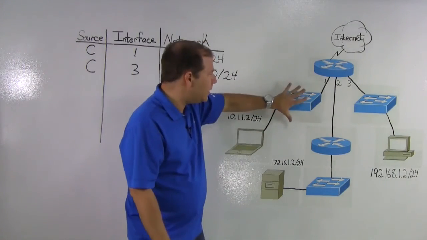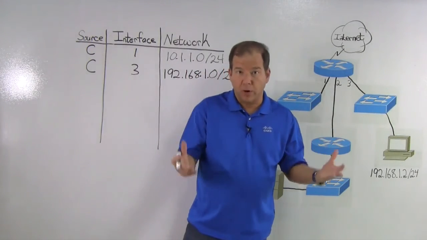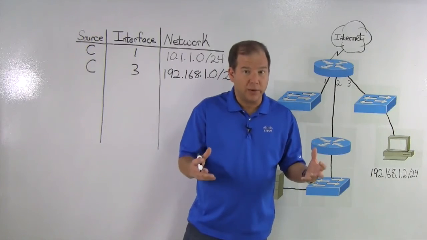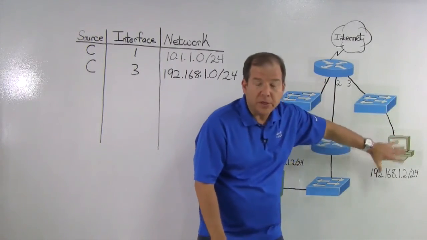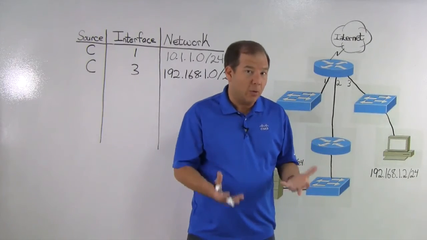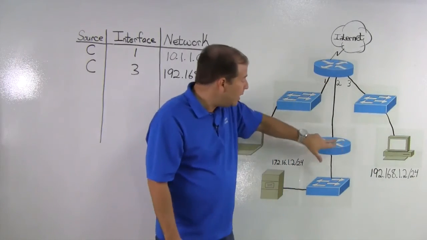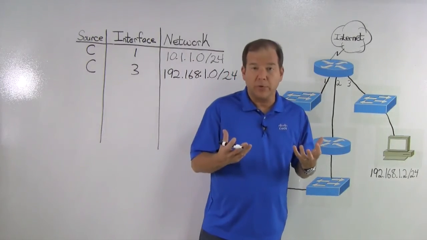We have a switch in the middle. Well, remember that a switch does not separate broadcast domains. In other words, it doesn't separate network address spaces. Everything off of this router, all the way through this switch, that's part of the same network address space. So this is connected. However, here we have a router. A router does break apart network address spaces.